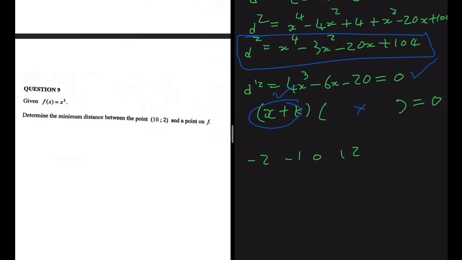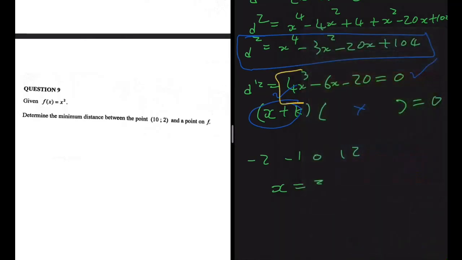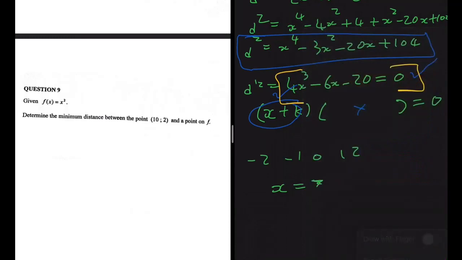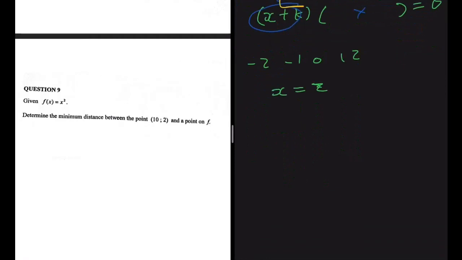So I know that when x is equal to 2, this equation holds, right? 4x^3 minus 6x minus 20 will be equal to 0 when x is equal to 2. So when x is equal to 2, that's exactly where we have our minimum. But the good part is that we can actually verify that we get our minimum when x is equal to 2.